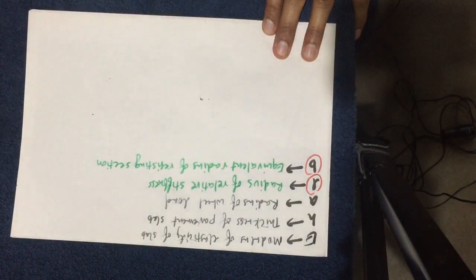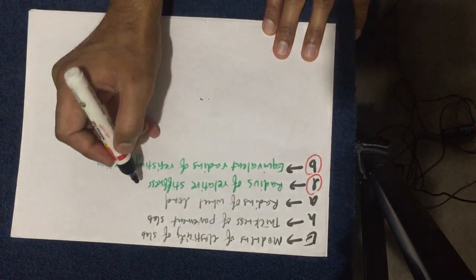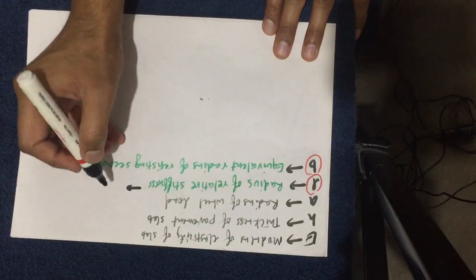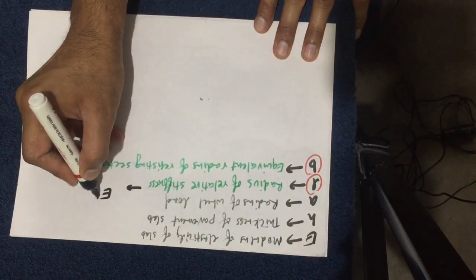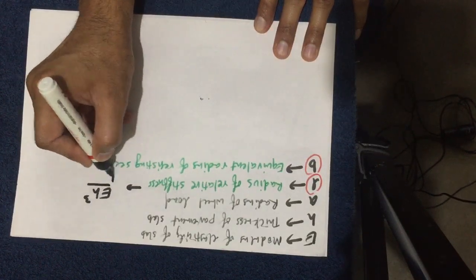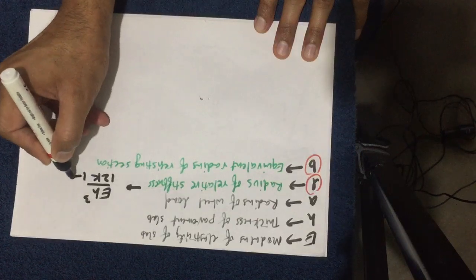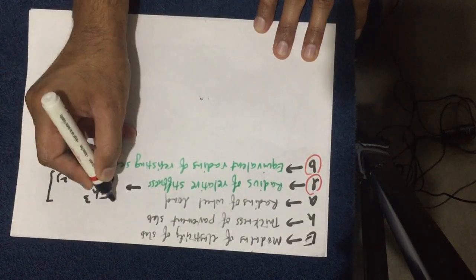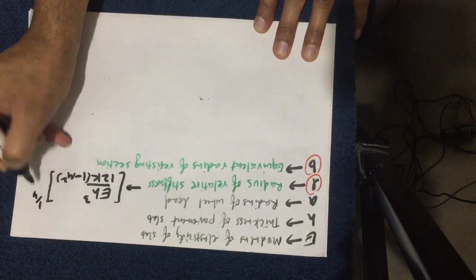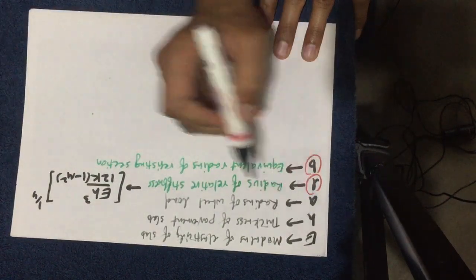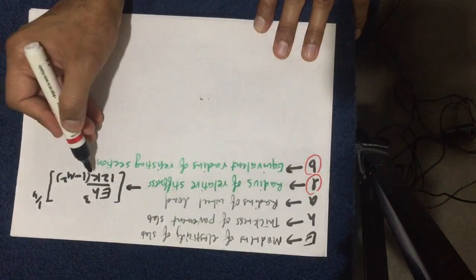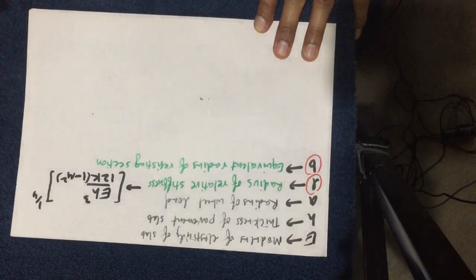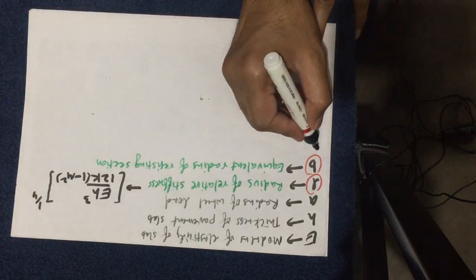These two also get their own empirical formulas. L is equivalent to (E H cubed divided by 12 K (1 minus mu square)) raised to the power of 1 by 4. E is the modulus of elasticity, H is pavement thickness, and K and mu are two new terms.